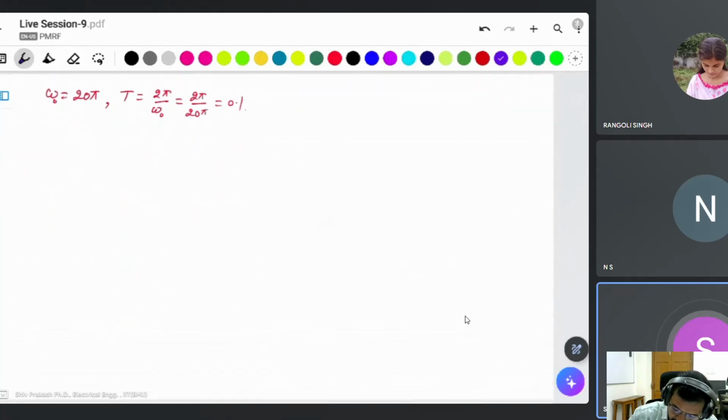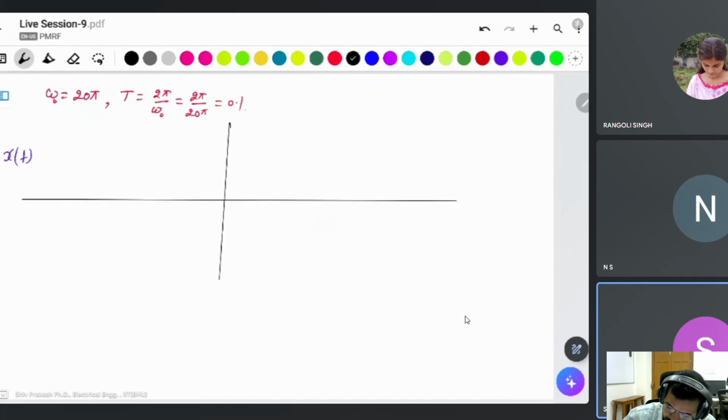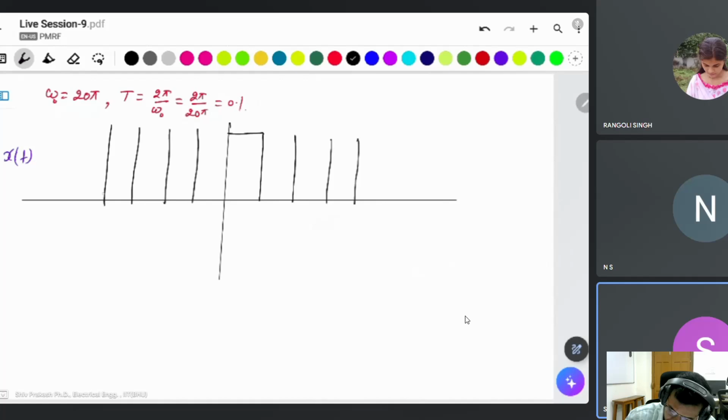Then the whole x(t) looks like this one.